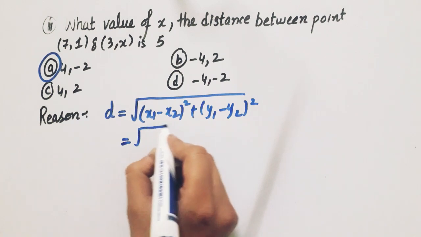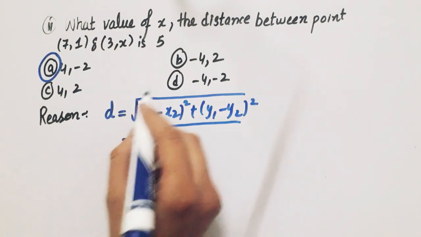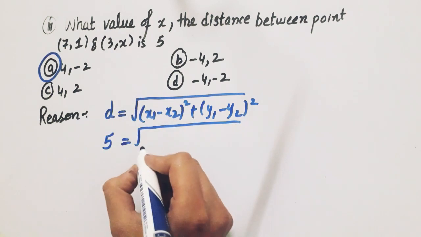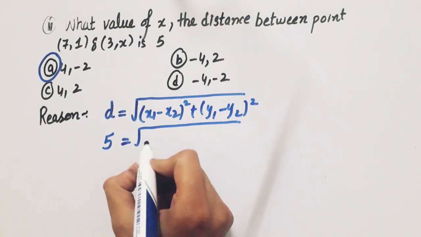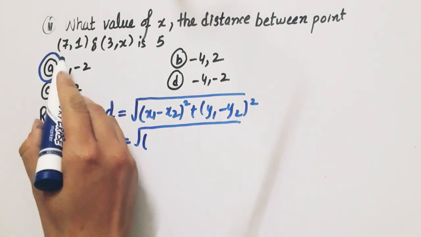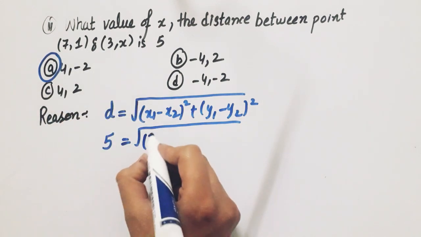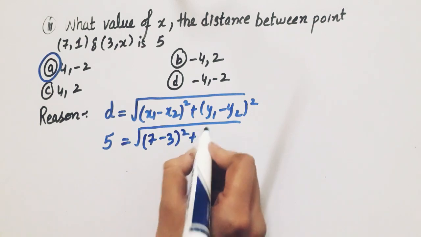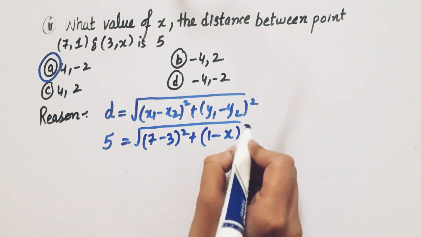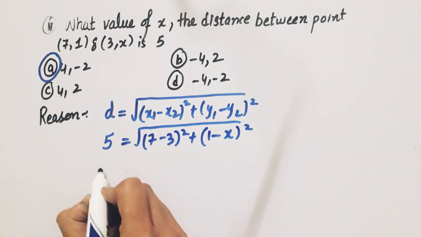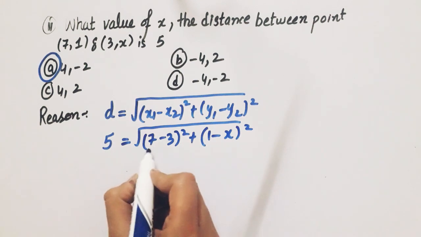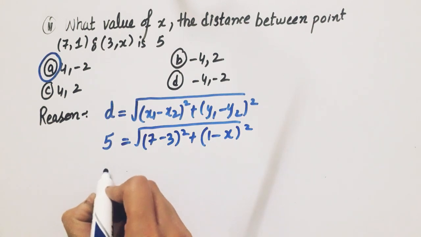Now distance is given equal to 5, and x1 is 7, x2 is 3. So 7 minus 3 square plus 1 minus x square. Now to find the value of x, we will take the square on both sides.